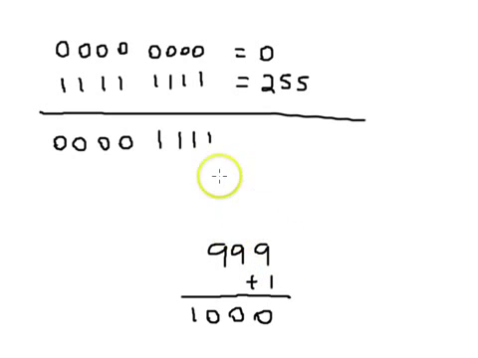In binary, it's similar. We have a 1, 1, 1, 1. If we added 1 to it, then we would get the next number, which is 1, 0, 0, 0, 0. And we know that the first one on the right hand side is a 1, then there's a 2, 4, 8, and 16.